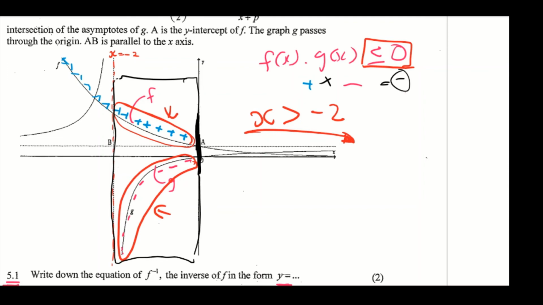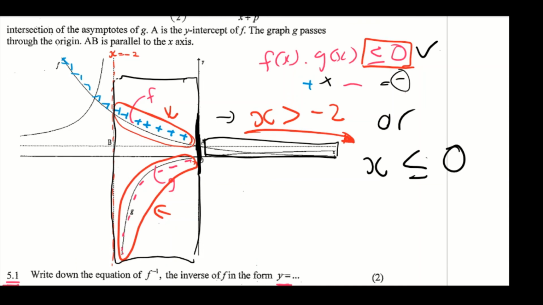But after this point, our graphs come to a positive part of y, so our y's both are positive, so it doesn't qualify for the solution here. So our x values must be within the point of origin and x being greater than -2, or x must be less than or equal to 0.